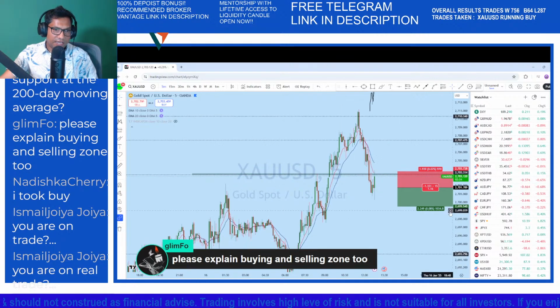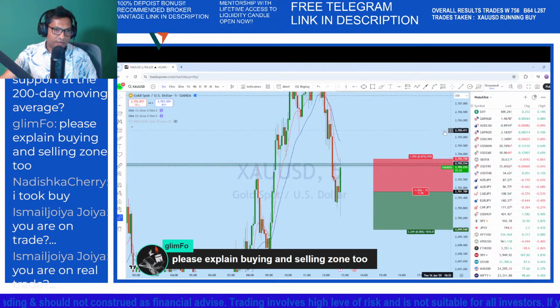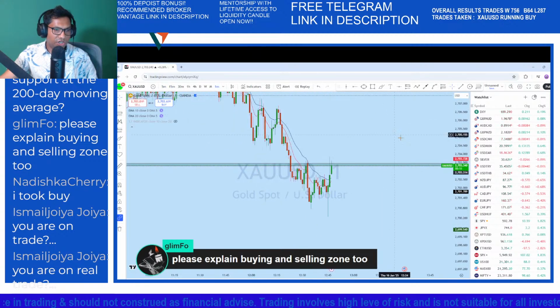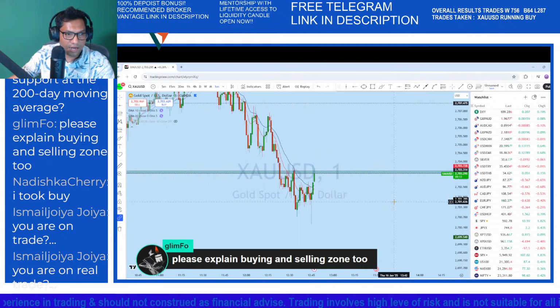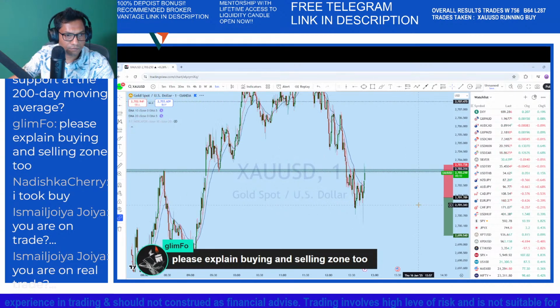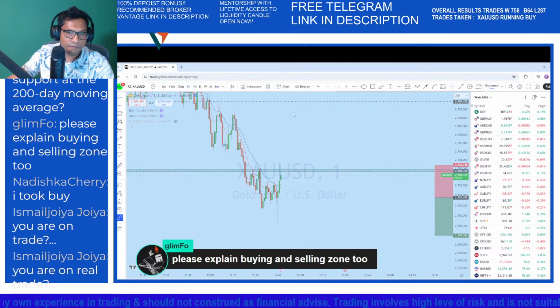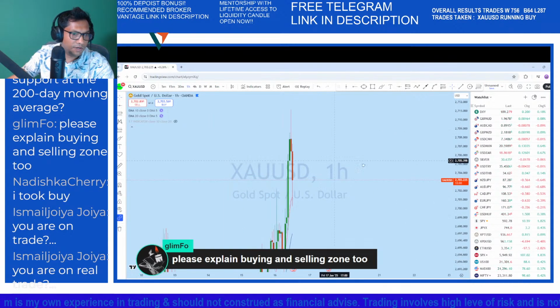Now in this area here, you can see this is a support, and from that support, if you look at it, this is a 1 minute chart, gap open, and this became expired at the moment.